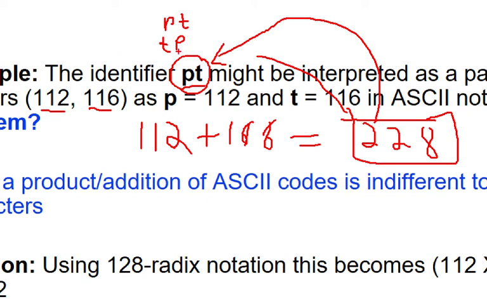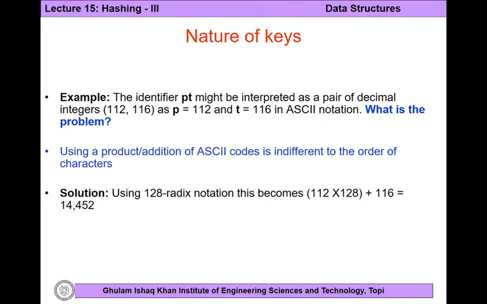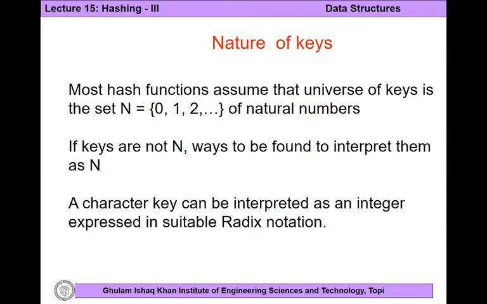It means that it will result in more collisions, right? So we need to convert the alphanumeric or character type keys into their numeric equivalent using a better option, which is the radix notation.